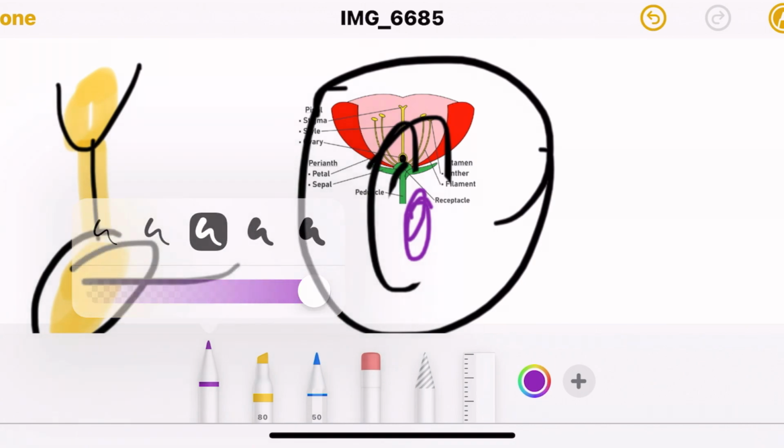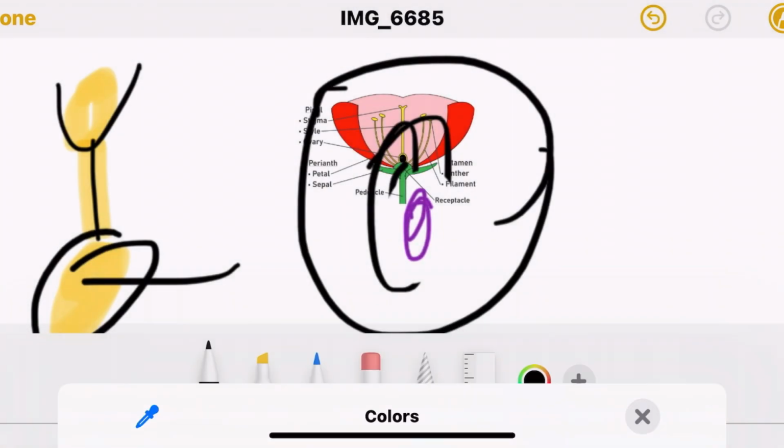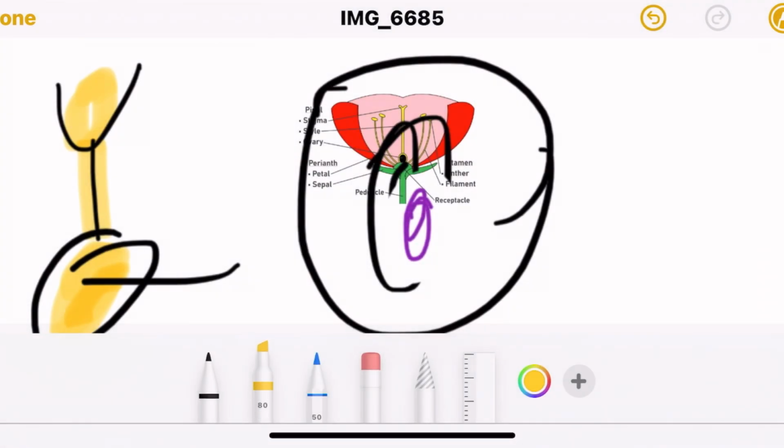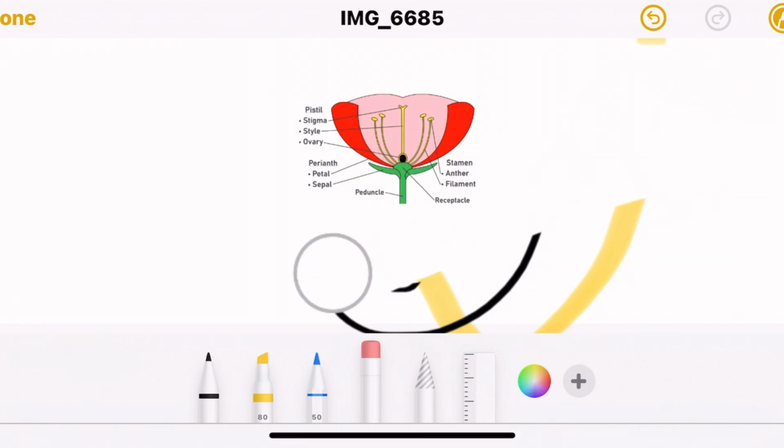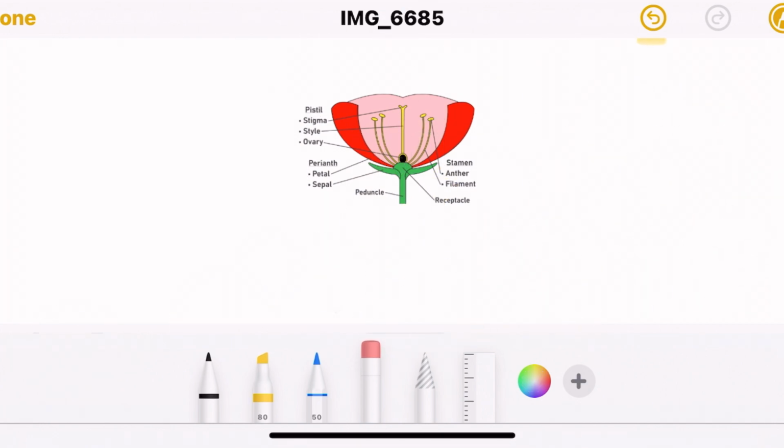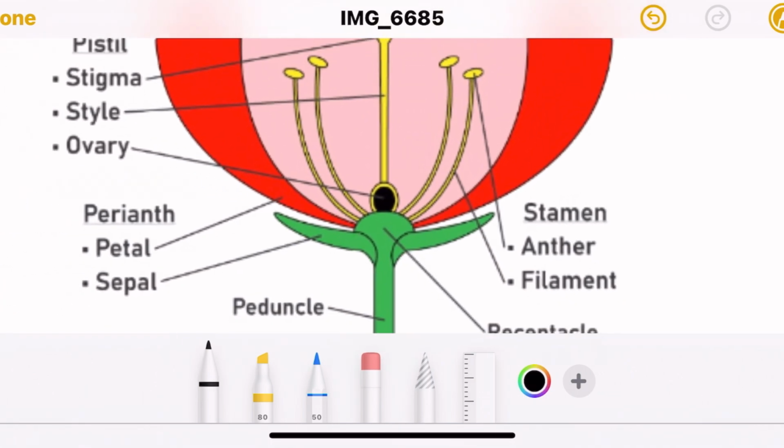So what happens is that it moves when it comes, so it fuses with the ova here. That's what the female part of a flower is for: the production of ovary.